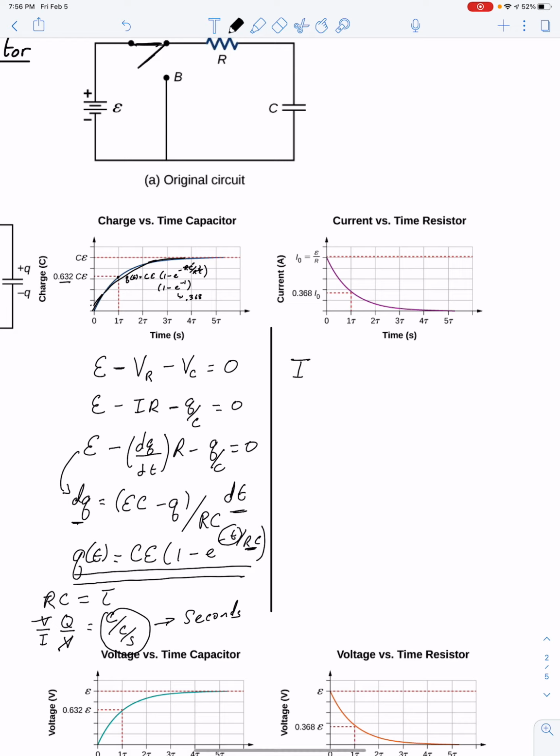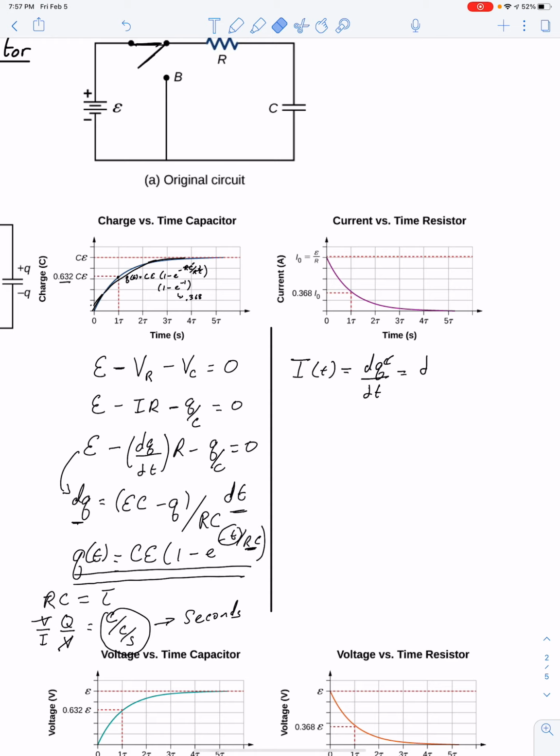If we write down the equation for current with respect to time, which equals the change in charge over change in time, we substitute the charge with the equation that I'm highlighting right now.